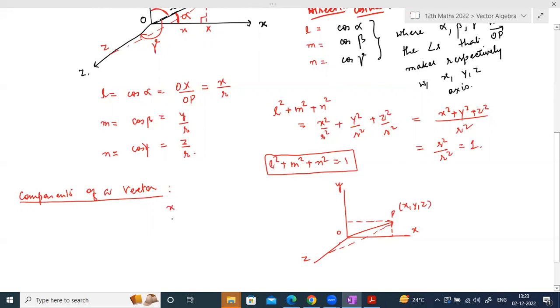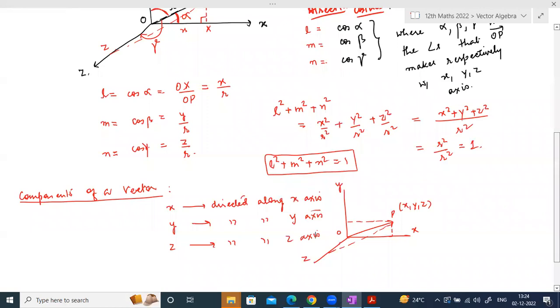There is one component which is x, another component y, another component z. X is actually a vector which is directed along the x-axis, y is a vector which is directed along the y-axis, and z is a vector which is directed along the z-axis.